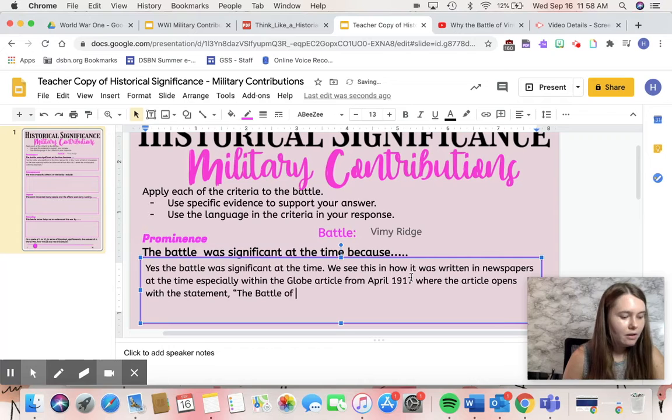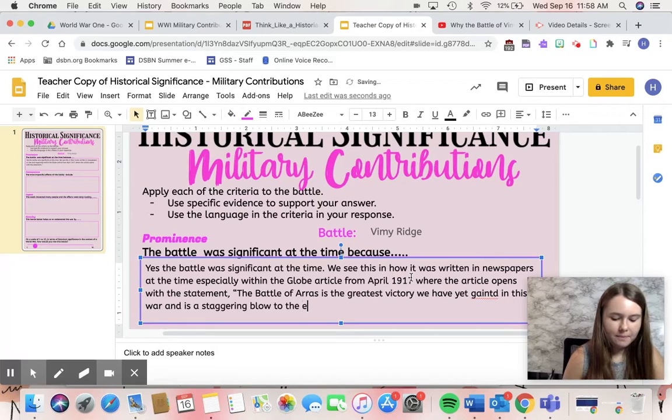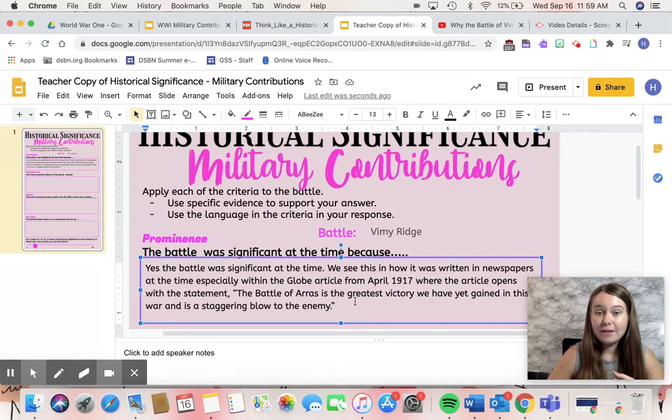"The Battle of Arras is the greatest victory we have yet gained in this war and is a staggering blow to the enemy." There we go. So that is a specific point of evidence that I can draw on to say that it was significant.